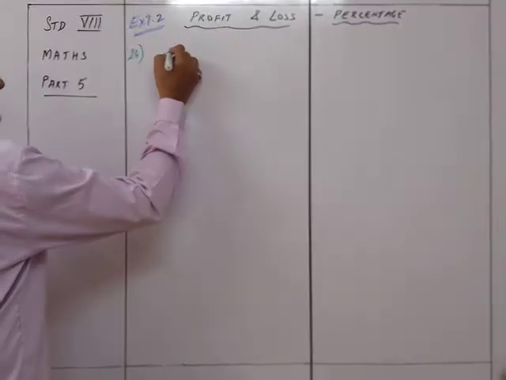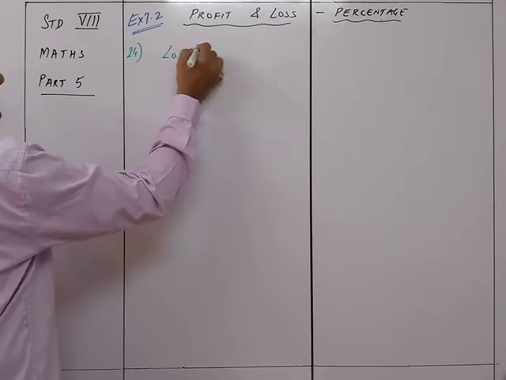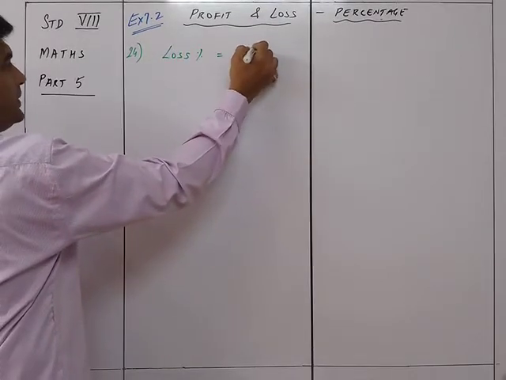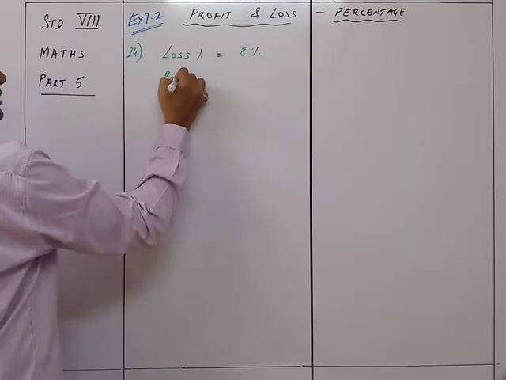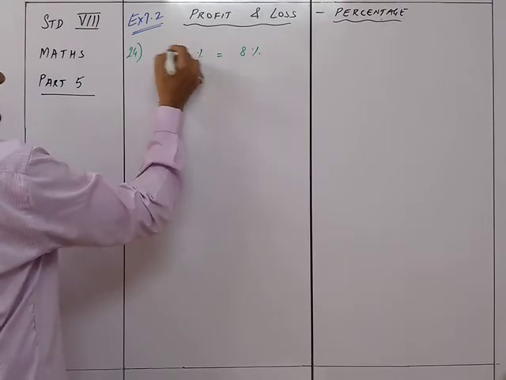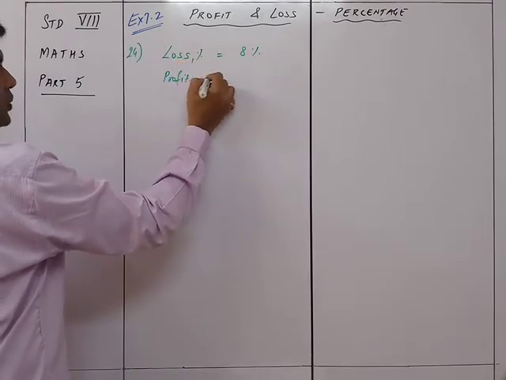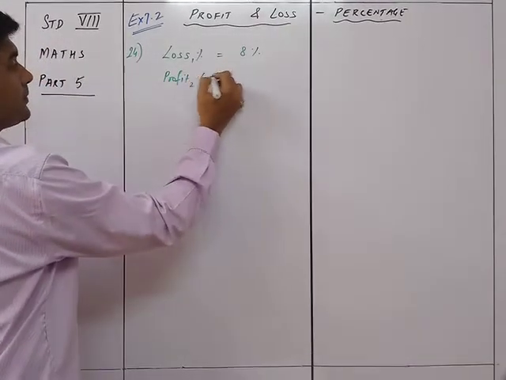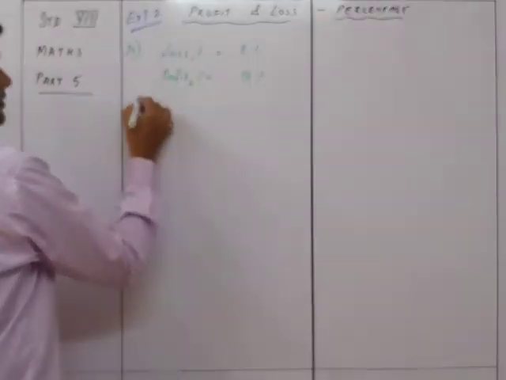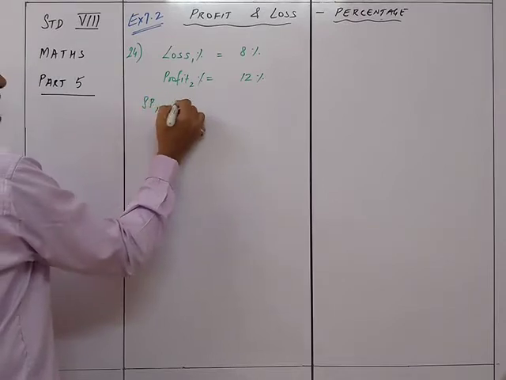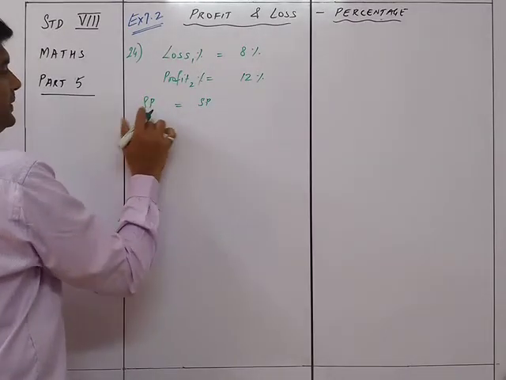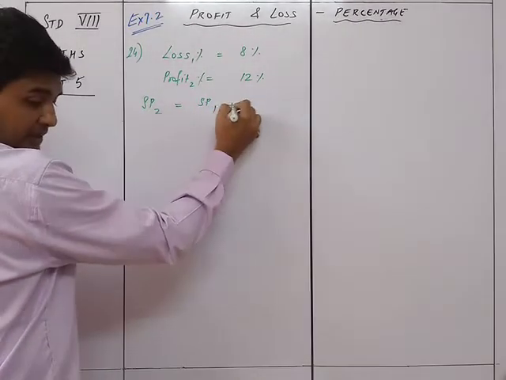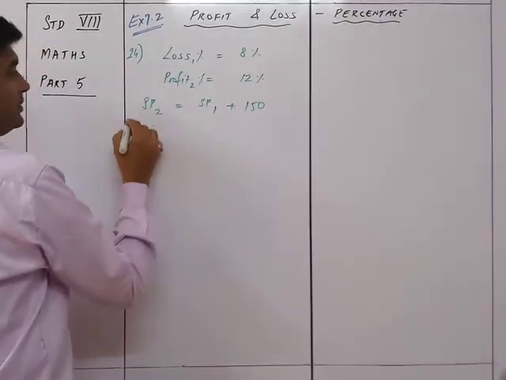We have got over here that loss percent is equal to 8%, profit 2 is equal to 12%. You are given that SP2 is SP1 plus 150 rupees.